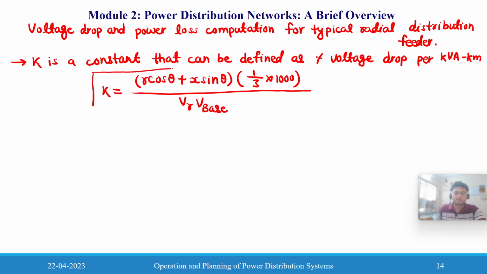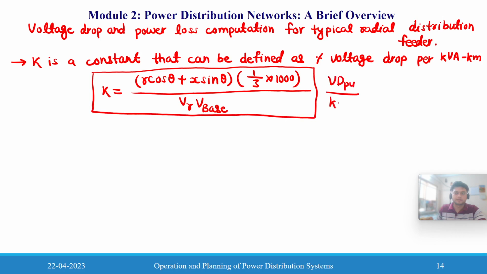It is written in per unit form. If we write it in the actual form, then S 3-phase comes into the numerator. So its unit will be voltage drop per kVA kilometer, or some may use mile.